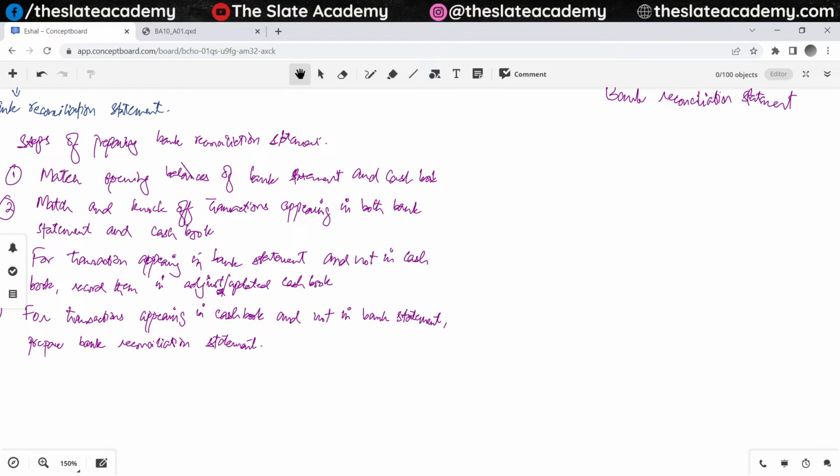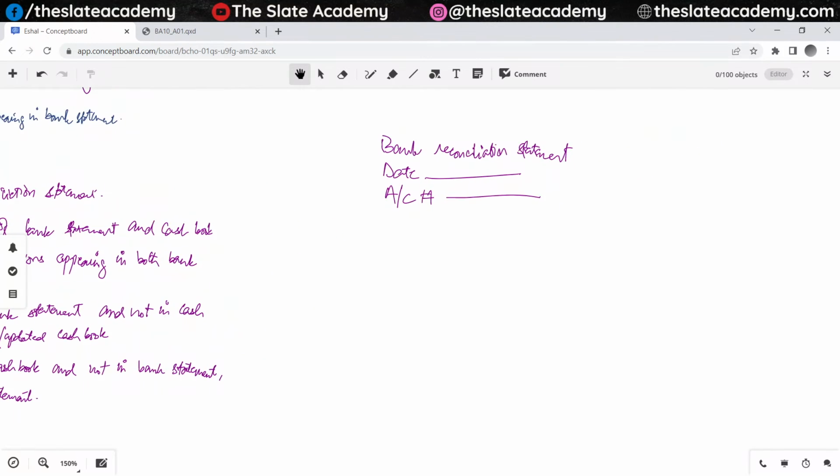We'll put the date and the month for which we're doing it, and we'll put the account number for which we are preparing this statement. At your level, you would be given the format, a rough structure, in your exam. You'll just have to fill that out. If you have to prepare it on your own, you know how to draw the whole thing.